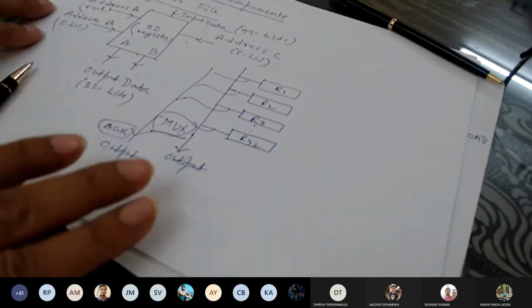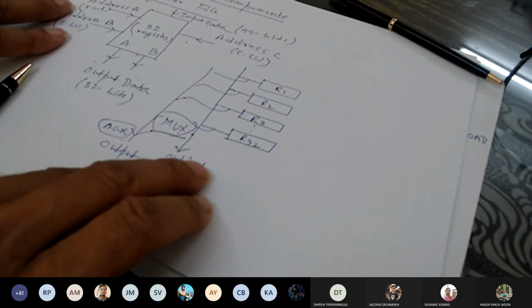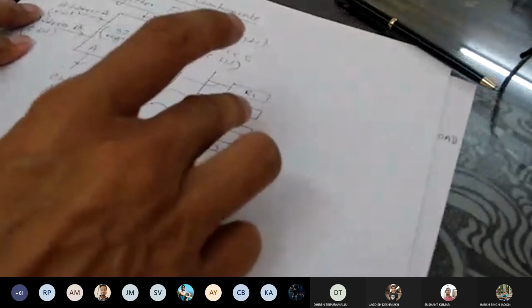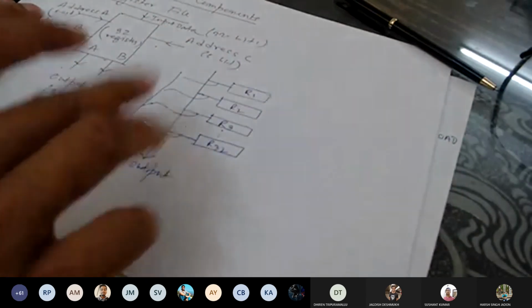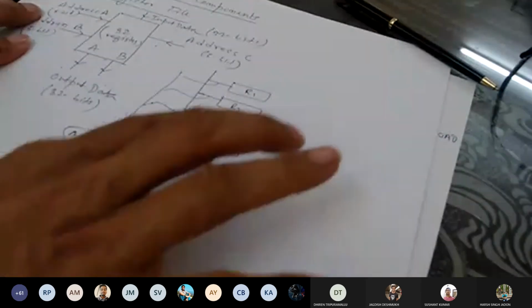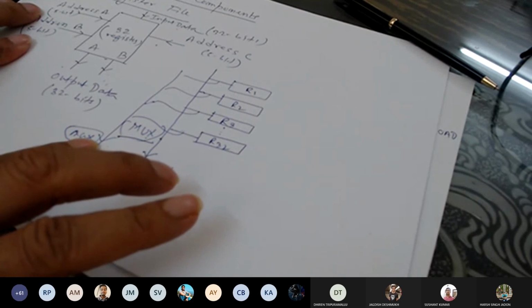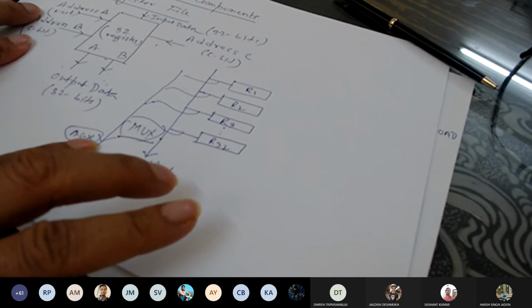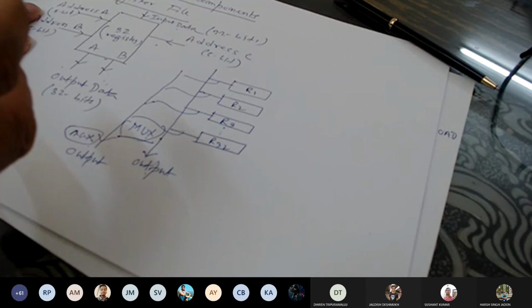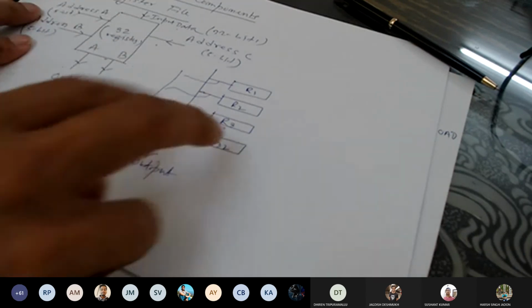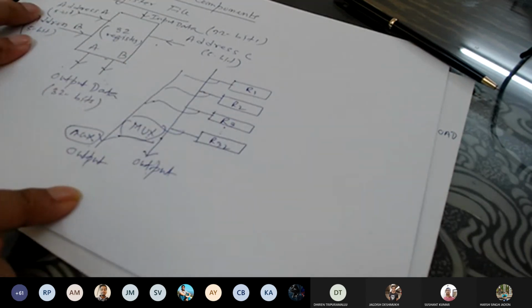But you can understand the difficulty. If you want values of two registers to come to this one and this one, the first thing you have to do is separate this line. Otherwise it will be serial. One will come, then the bus is free, then the other one will come. But that will be delayed. We do not want to delay. We want both the values to be available at the same time.